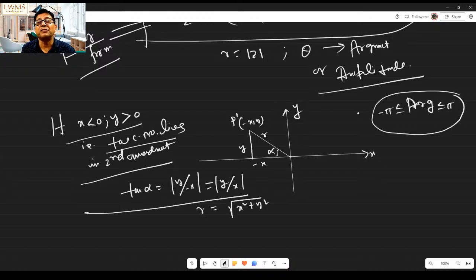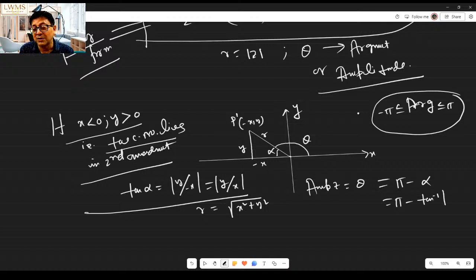But this alpha is not the argument. In the complex plane, the complex number makes some angle with the positive direction of the x-axis. That will be the amplitude. So the amplitude of z is going to be what? Theta is what? Total angle 180 degree, pi minus alpha, pi minus tan inverse. Hope the concept is clear. The argument of the complex number is pi minus tan inverse y by x if it lies in the second quadrant.